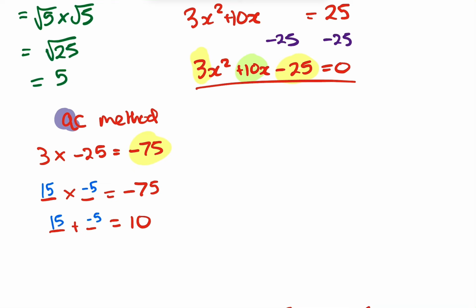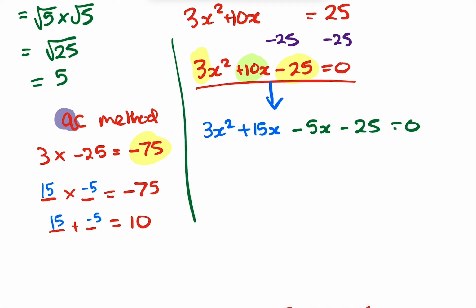So what this allows us to do is write it in quite a clever way. So I'm going to write it as 3x squared plus 15x. And then in a different color, I'm going to write minus 5x minus 25. Okay, so what this allows us to do now is factorize this part and also this part here.